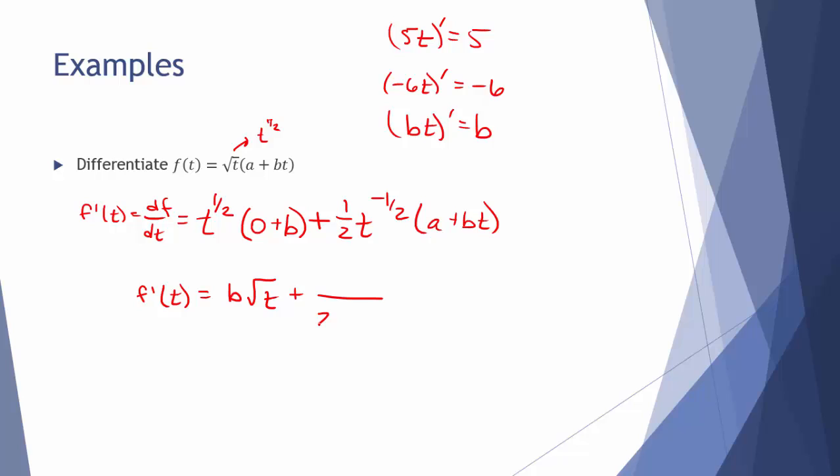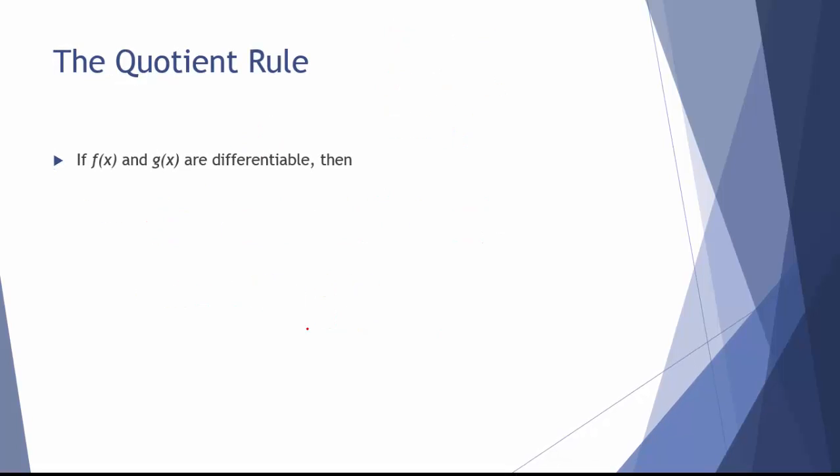So you'll have 2 and then t to the 1/2, but that's the same thing as the square root of t, with a plus bt in the numerator. And that's the derivative. Now that we've discussed multiplication, the product rule, let's talk about the quotient rule, division.